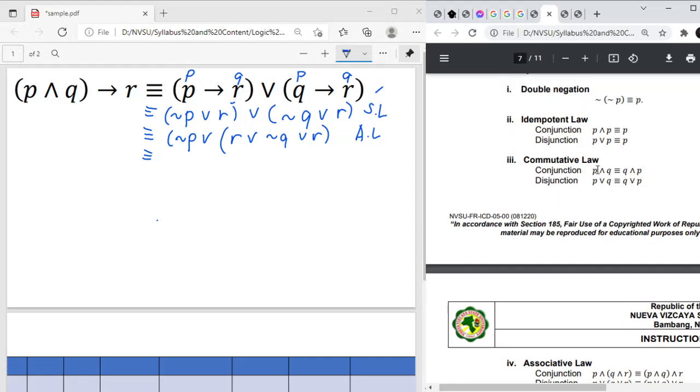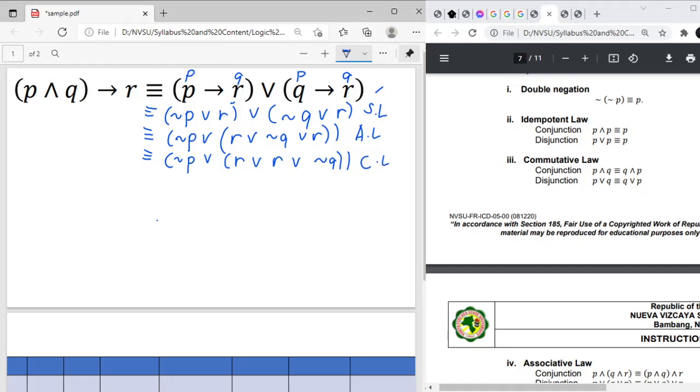So, for example, P or Q is also equivalent to Q or P. I-apply natin yan, yung commutative law, and huwag kakalimutan yung parenthesis. Next, we have not P or R, or pagbalik rin natin yung not Q or R. So that is R or not Q. That is by commutative law.